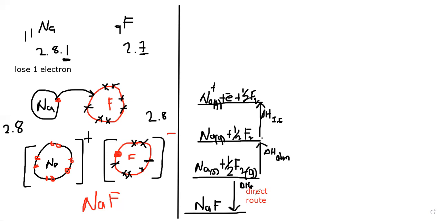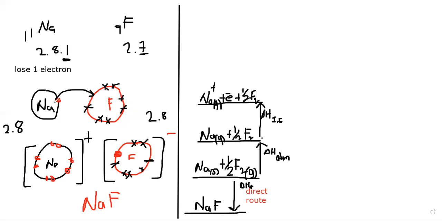So the indirect route starts with converting your metal from solid to a gas, and that's the atomization enthalpy. Once the metal is in the gaseous state, we are going to ionize it. That is, remove an electron from it. That is how we get the sodium ion. Now again, let's go across here.